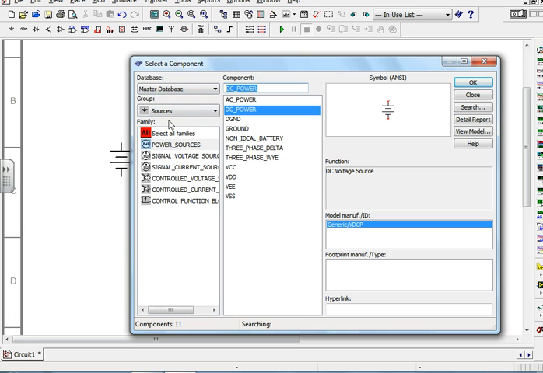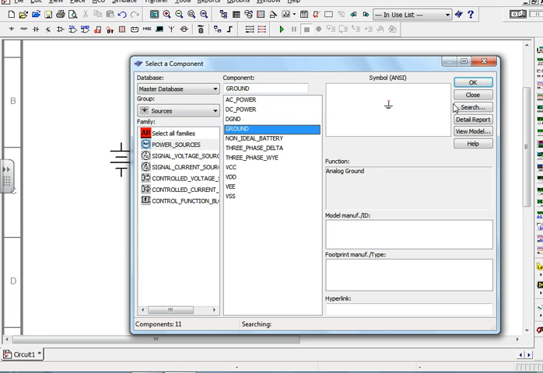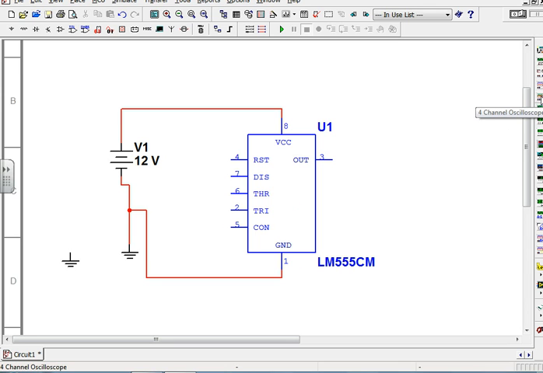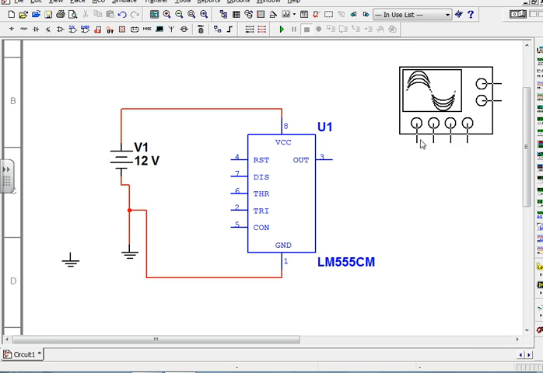I need a ground. All right, so there's a ground. Thank you very much. I don't want another ground. I'm going to put voltage up to VCC, and hook ground to ground. Then we're going to put an oscilloscope over here so we can see what's going on.